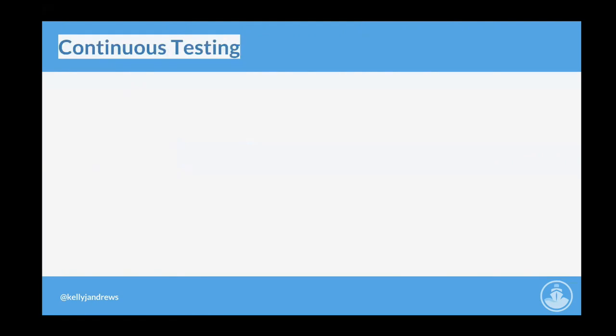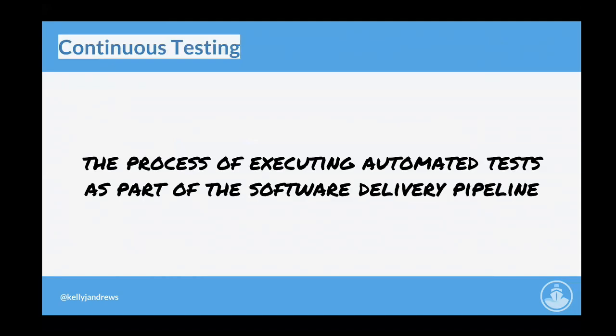So let's talk about the core tenets of each piece, right? So continuous testing is essentially the process of executing automated tests as part of the software delivery pipeline. So that's a pretty big statement, right? But the key piece there for me is automation, right?